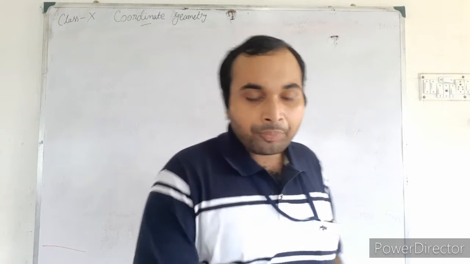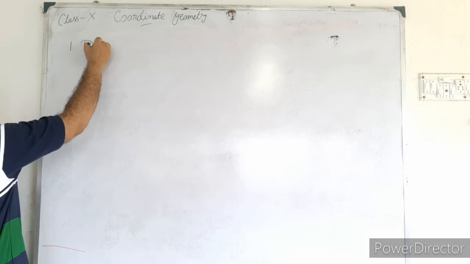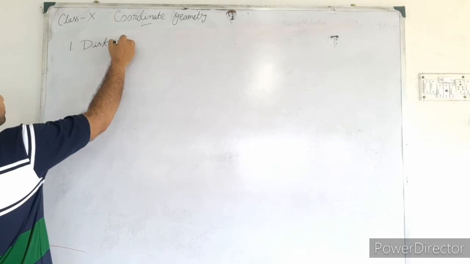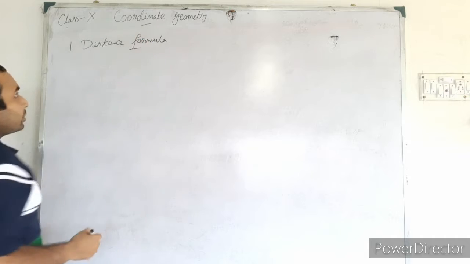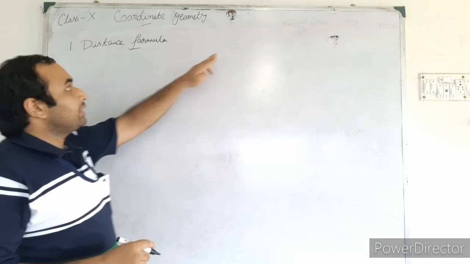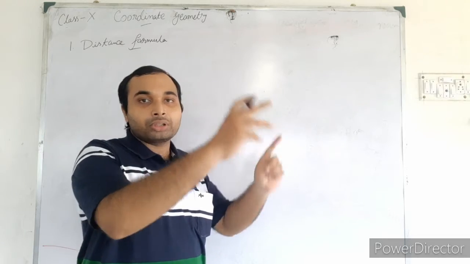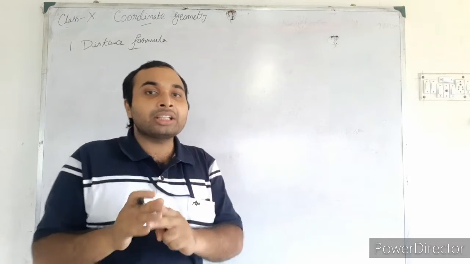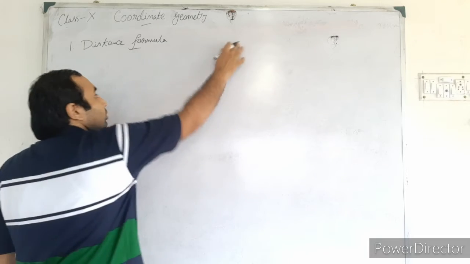So the first one, number one, the distance formula. Distance means, from the name only you can imagine, two points will be there and you have to find the distance between them, that is the length of the line joining those two points.